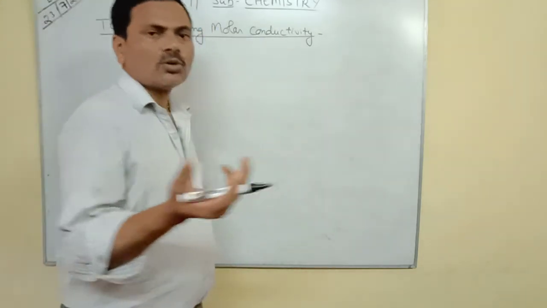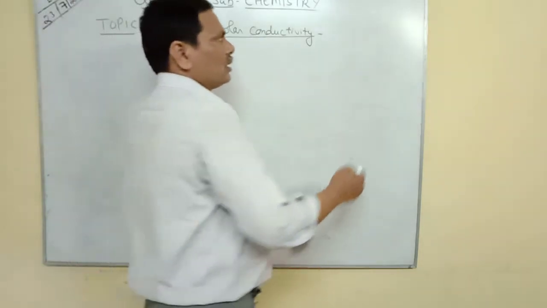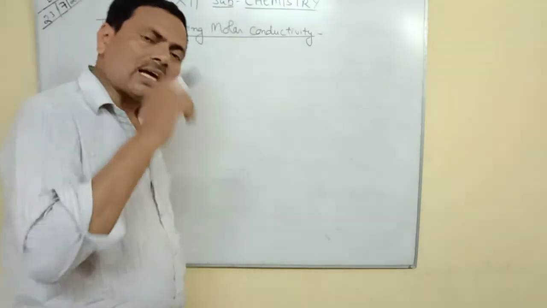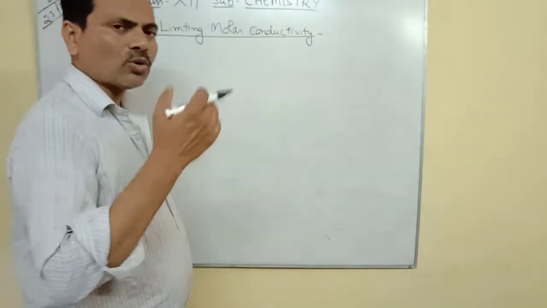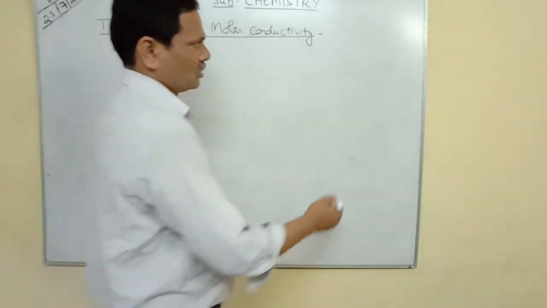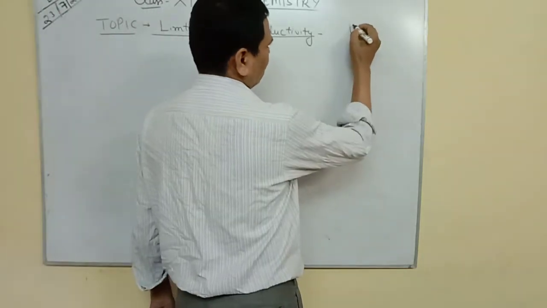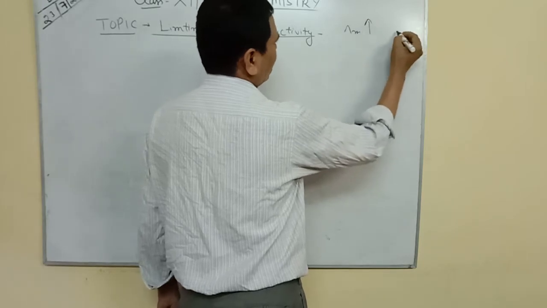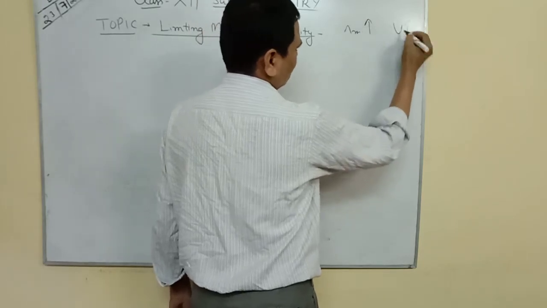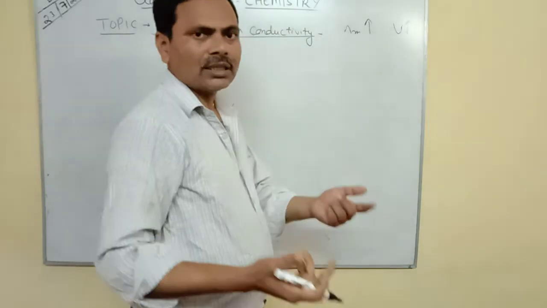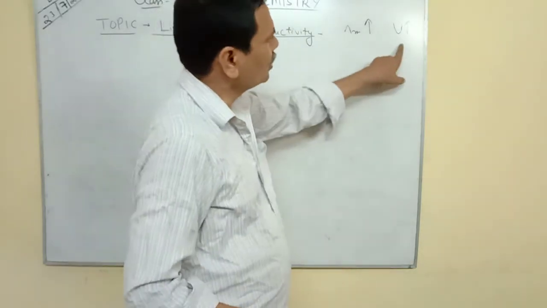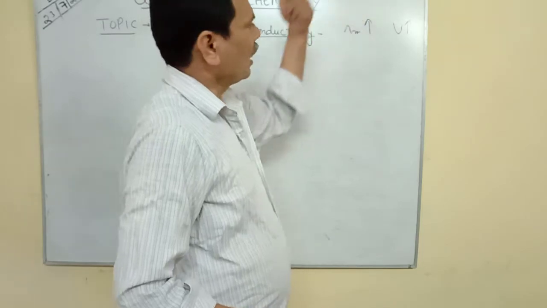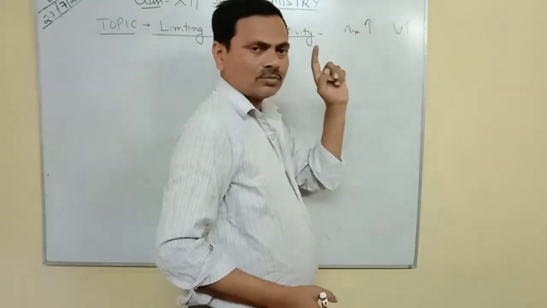In the previous video I told you that when we dilute any electrolytic solution, its molar conductivity increases. Molar conductivity, that is Λm, increases on dilution. Dilution means water is added and volume is increasing, so molar conductivity also increases.